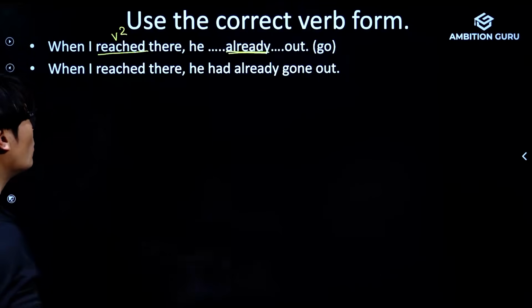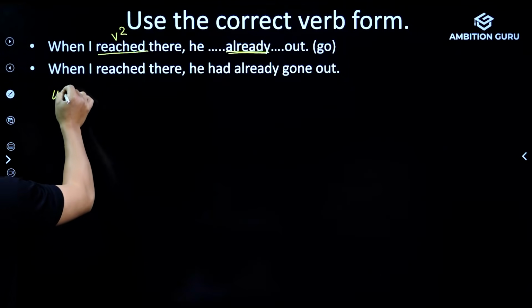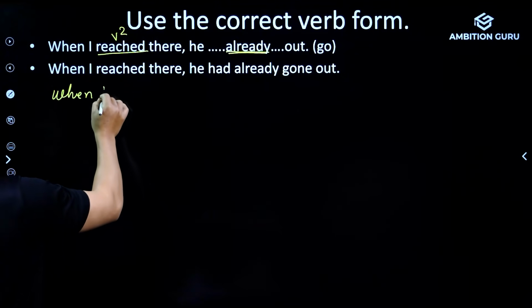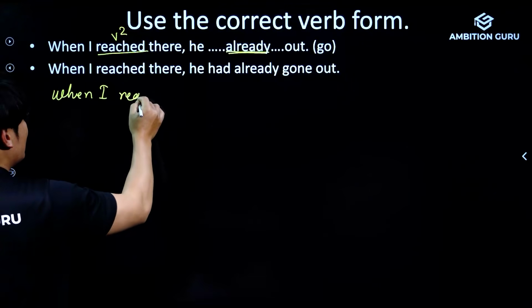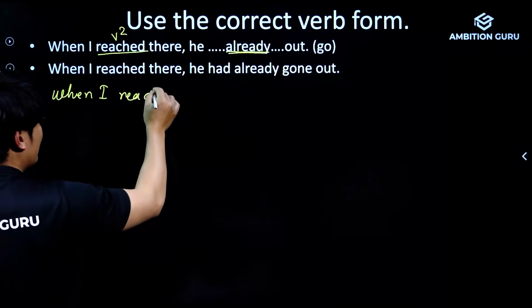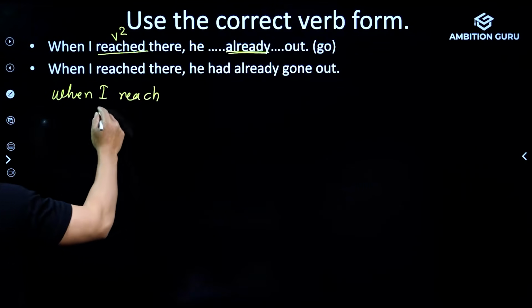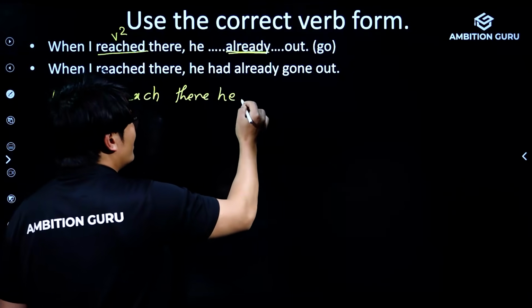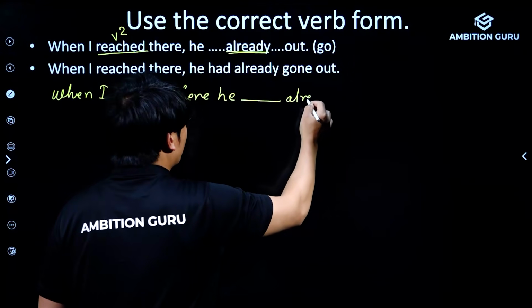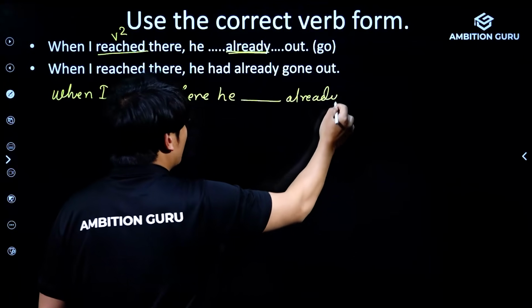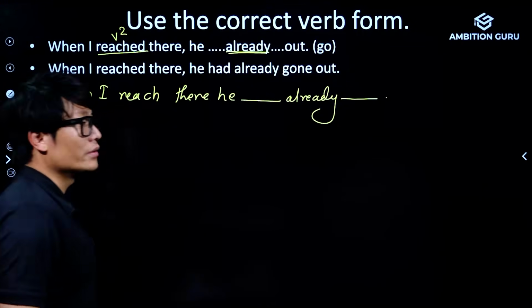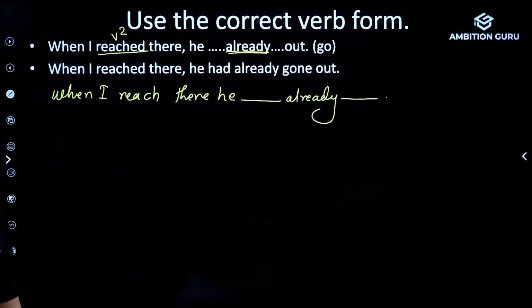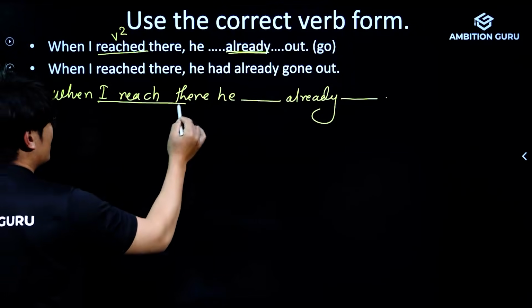That's good. But what happens? Suppose in the place of reached, if here is reach only, when I reach there, now he already, and in the bracket go. So what will be there? You cannot write here. This is a simple present.